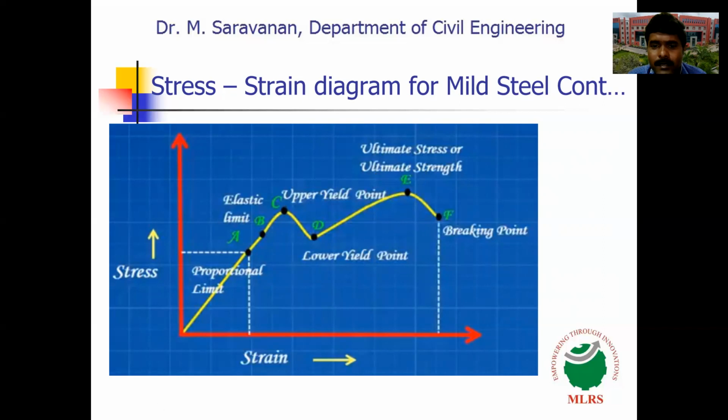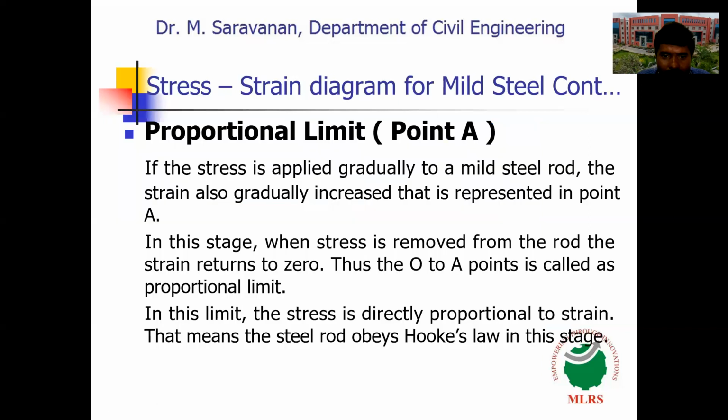So at this point, E point is called the ultimate stress or ultimate strength. Beyond this point E, if you apply the load, the rod will break. At this point, F point, the rod will be breaking. It means the rod will fail. This point is called F point. So this is the stress strain diagram for a mild steel rod.